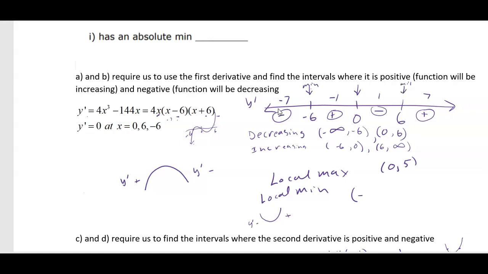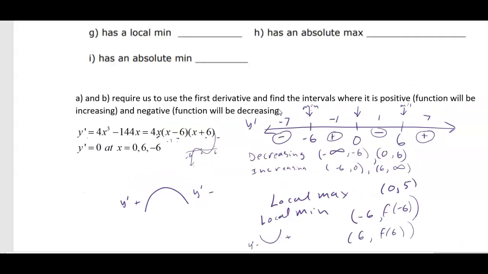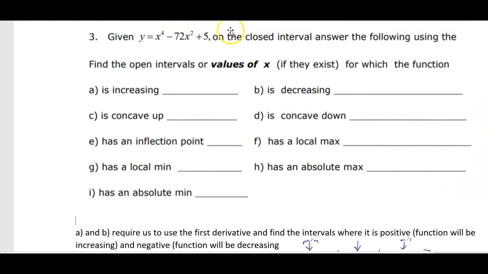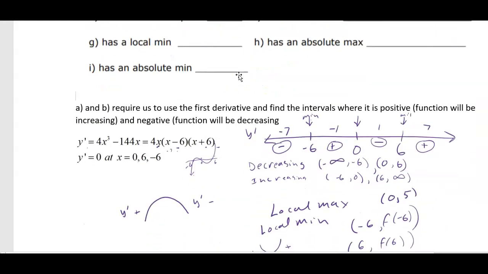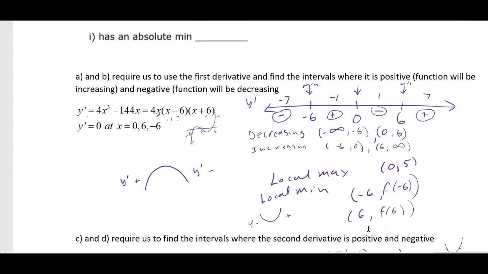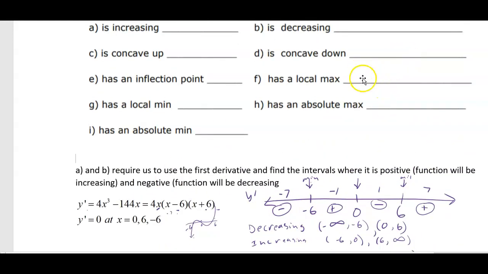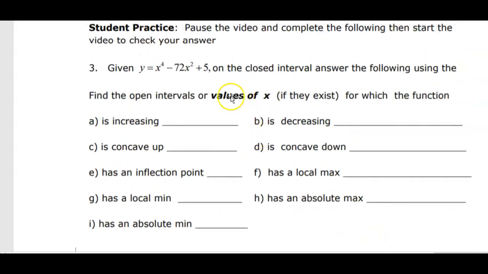And so I'm going to get x is negative 6, and then f of negative 6. I'm not going to take the time to do that here. And then x is 6, f of 6. There's your local min. And if they're just looking for the values of x, you only had to answer the 0 for the max, the negative 6, and the 6. I'm just saying if they ask for the actual point, you have to find both. You don't always have to find both.